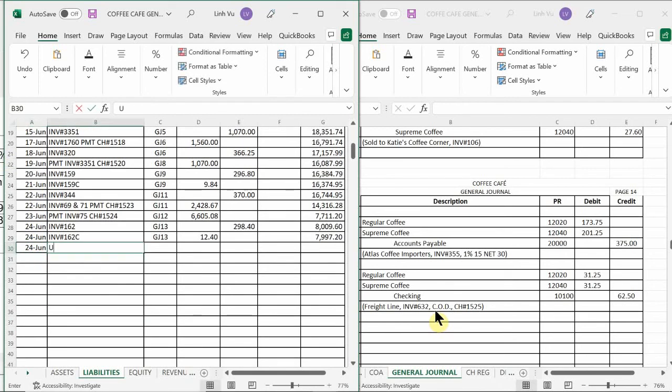And it's invoice 355. That's the other one. Yeah, on accounts payable is 355. Okay, so 355. Yeah, and it's page 14 for a total of 375 credit.